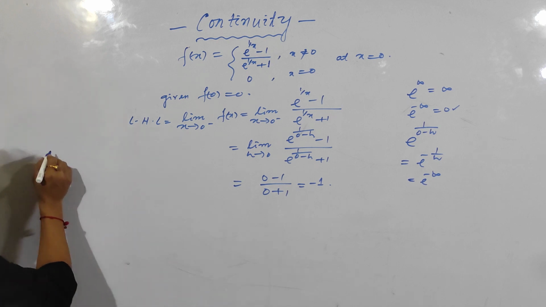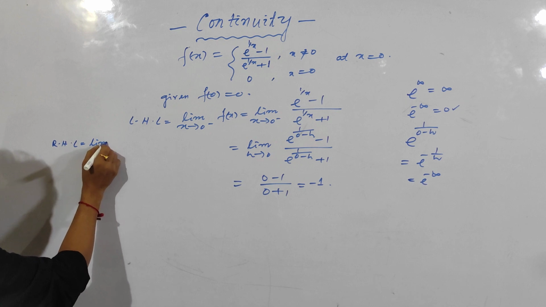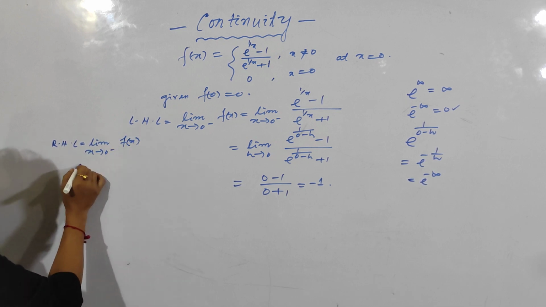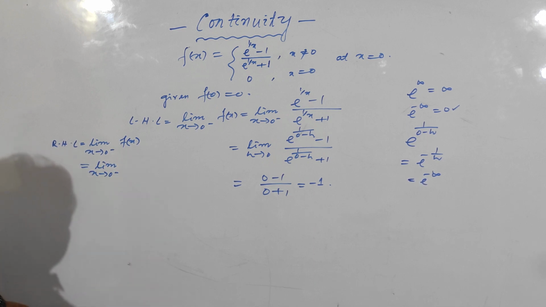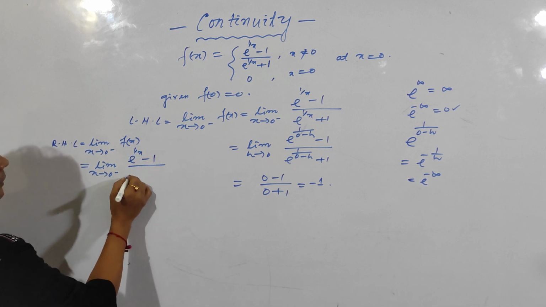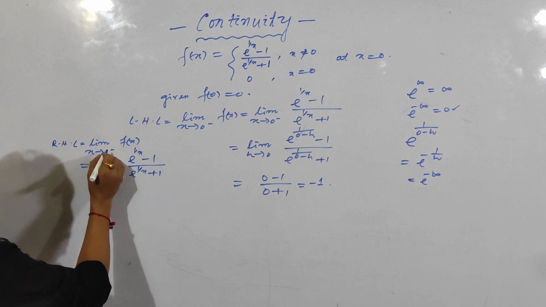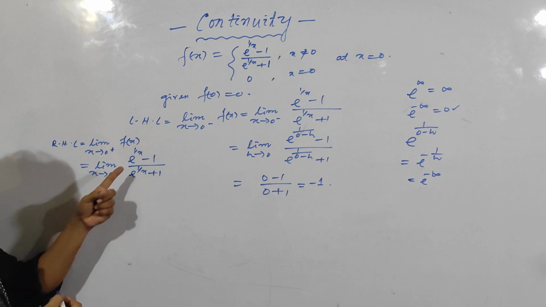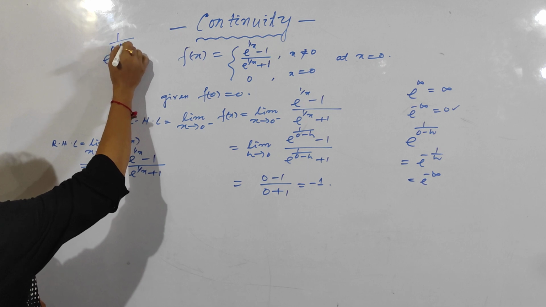So let us see here right hand limit. Limit x tends to 0 plus f of x. What is f of x? E to the 1 by x minus 1 by e to the 1 by x plus 1. Sorry, this is right hand limit, means it should be plus. And you should write e to the power 1 by 0 plus h.